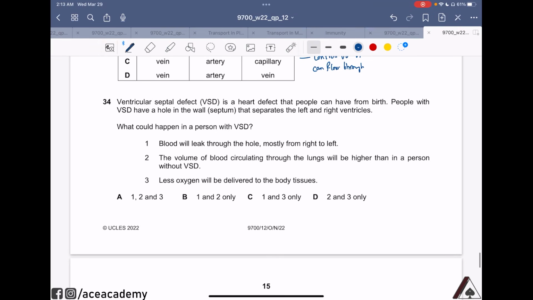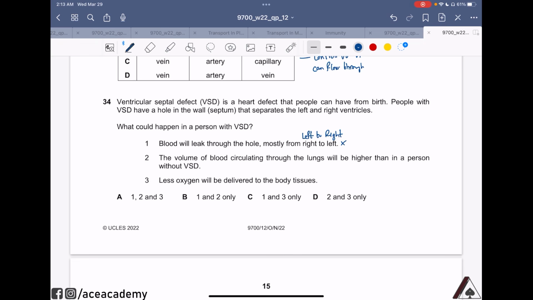34. Ventricular septal defect (VSD) is a heart defect that people can have from birth. People with VSD have a hole in the heart septum that separates the left and right ventricle. What could happen in a person with VSD? Blood will leak through the hole, mostly from right to left. No, it's actually left to right, because left ventricle and left atrium have a higher pressure than right atrium and right ventricle. So this is incorrect.